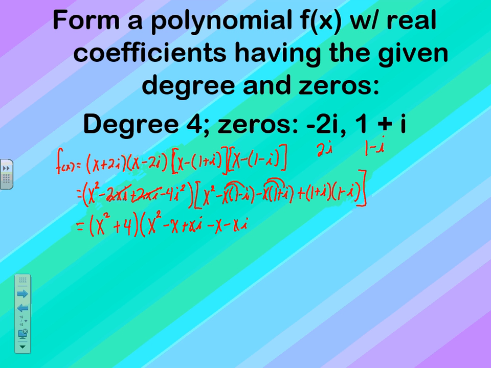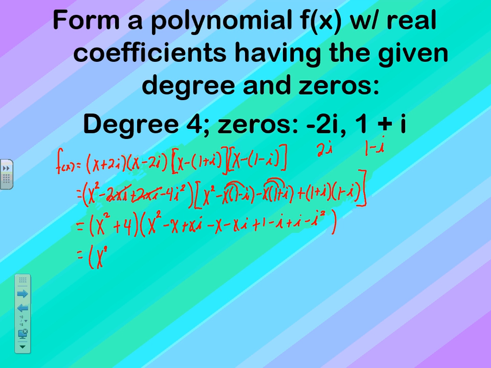And again, if you remember the little shortcut for multiplying conjugate pairs together, then you can use that. Otherwise, just write it all out. So the 1 times the 1 is 1. 1 times negative i is negative i. Positive i times 1 is positive i. Negative i times positive i is negative i squared.